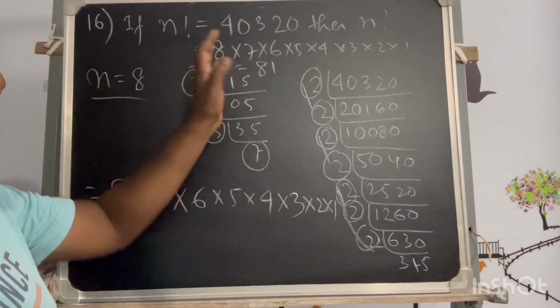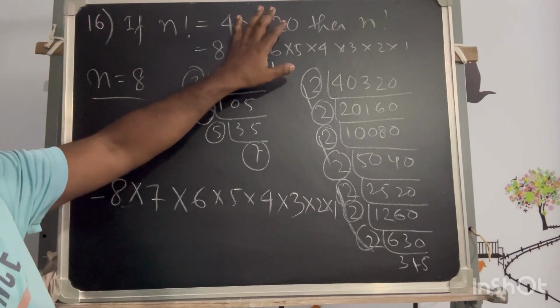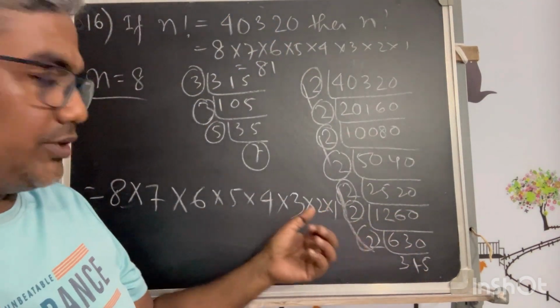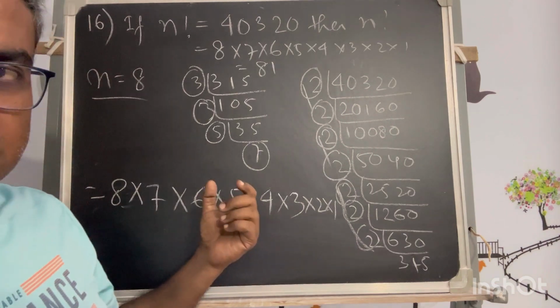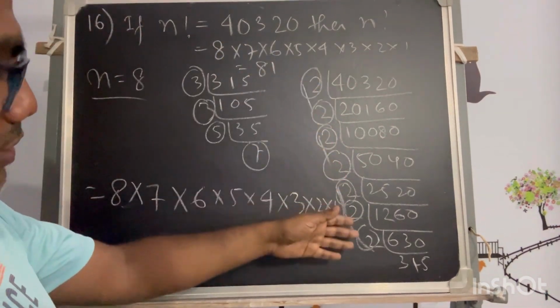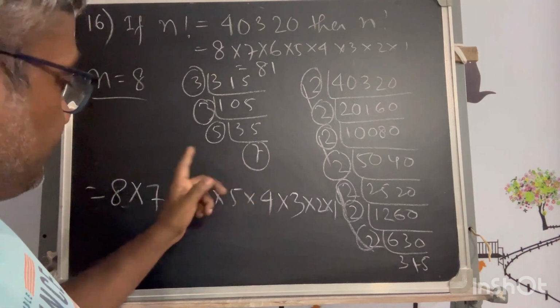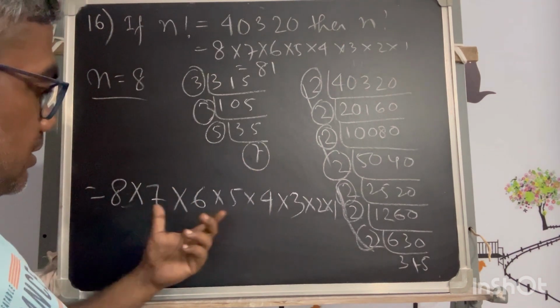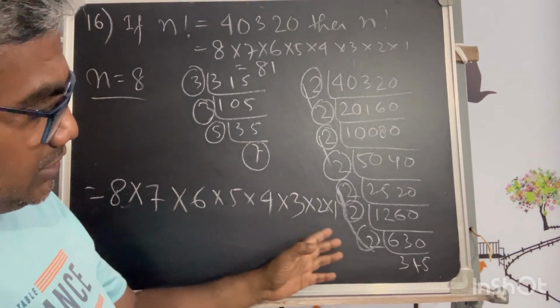Okay, you can do it with a trial and error method also, but factorization will give you some guidance on where you can start. As I can see, I am consuming all the factors, keeping this intact. I am not changing it, and you can see that everything is being arranged.